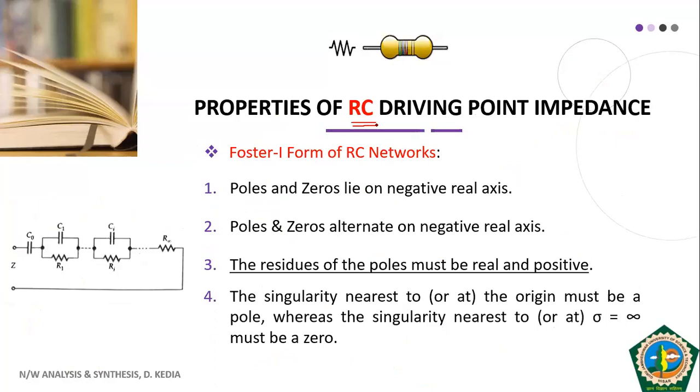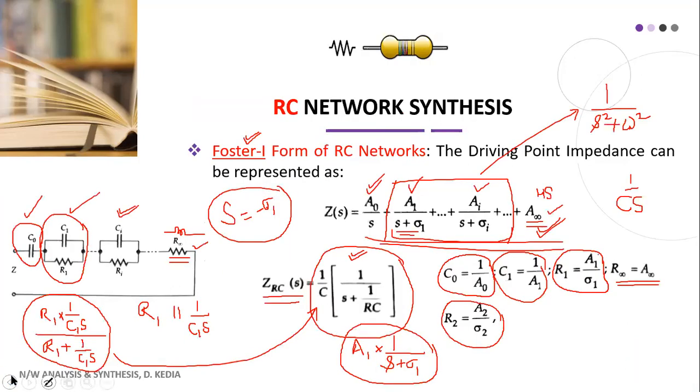If you practice numericals, you will be able to understand that these properties are an outcome of nothing but the analysis of network functions. Otherwise you could also derive these properties by looking at the network function carefully. One thing we have already seen just now in the previous slide: the poles. S plus sigma 1 is the pole.